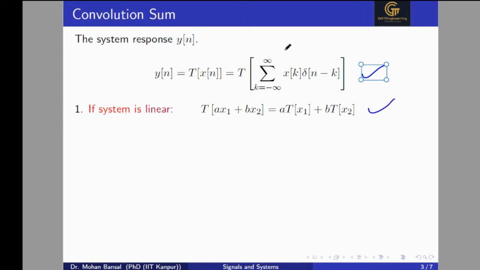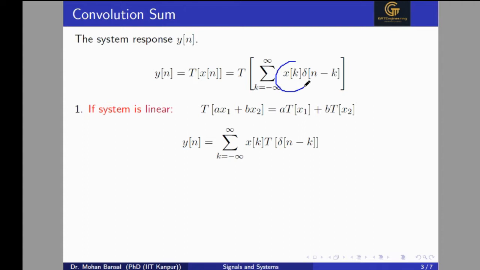According to this property, x[k] works as a constant at time instance k, so we can write y[n] as the summation of k equal to minus infinity to infinity x[k] T delta[n minus k] using the linear property.